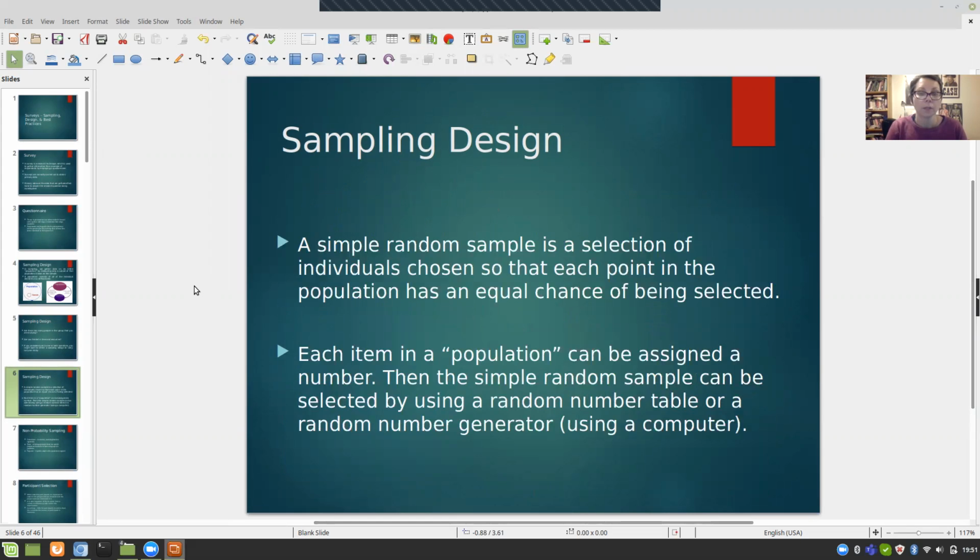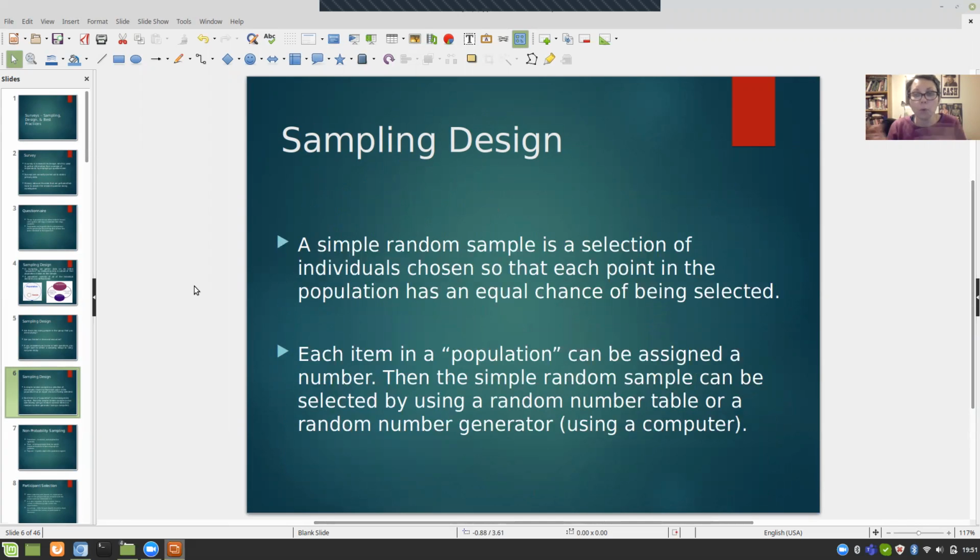A lot of times it's just going to be done randomly. So suppose you're going to do 380 surveys to reflect the UK population. You could just get a list of all 30,000 student IDs, and you could have a computer program just randomly pick 380 from that list, and those are going to be your 380 that you're going to survey.